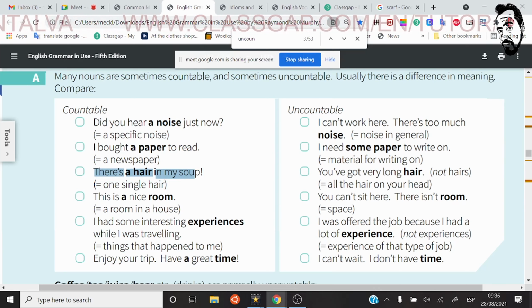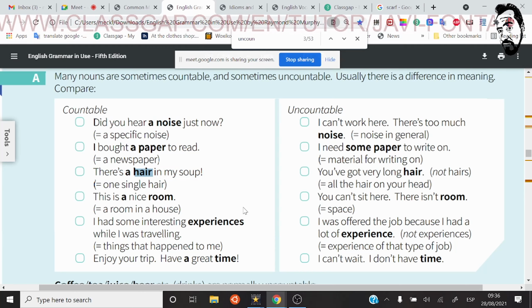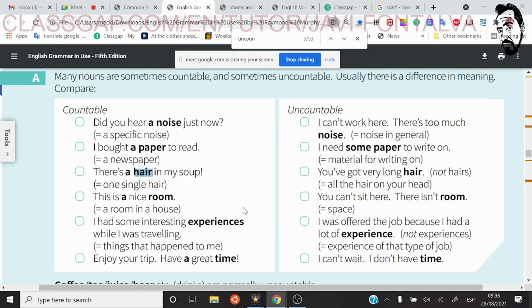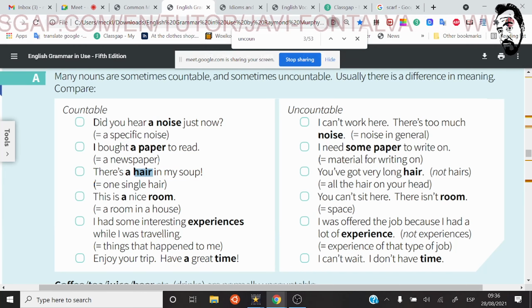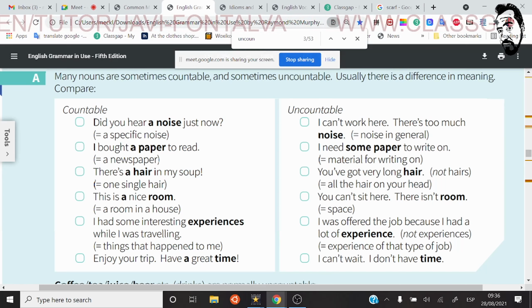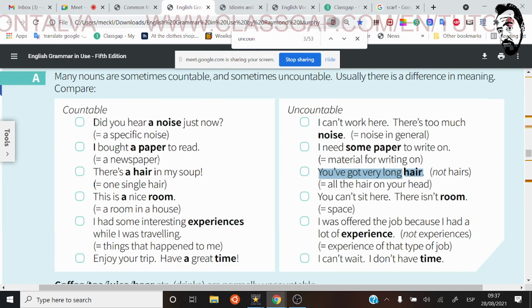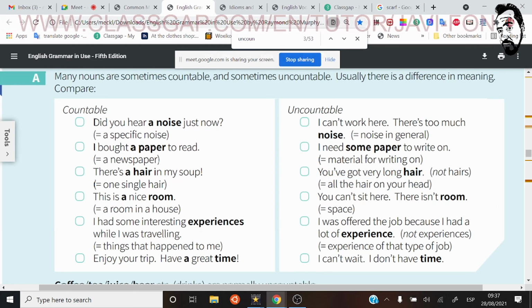Okay, next one. There's a hair in my soup. Okay. So when we say a hair, we mean only one of these. Only one. Next one. You've got very long hair.